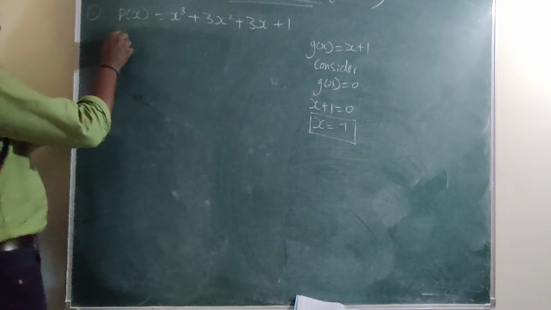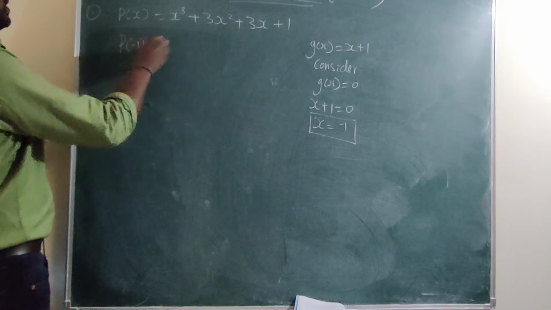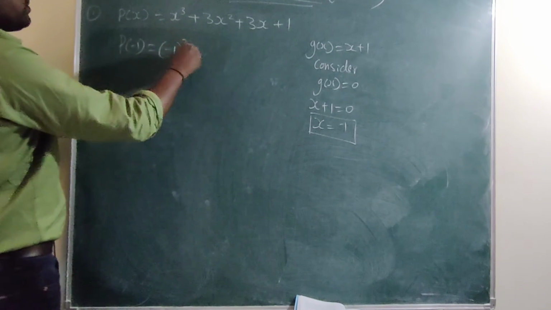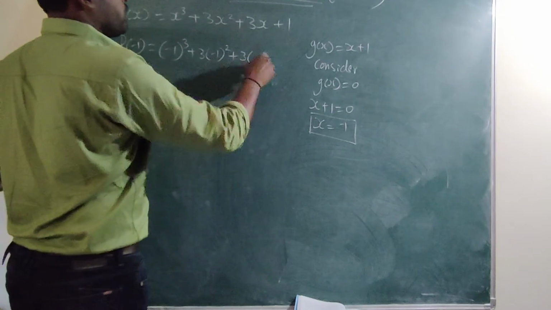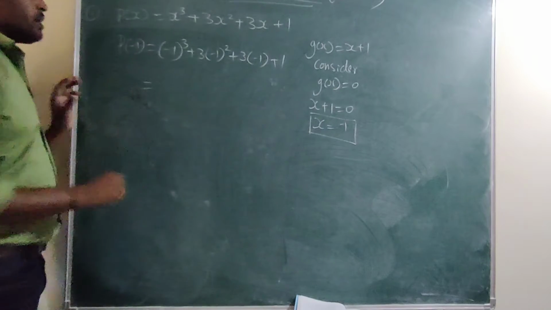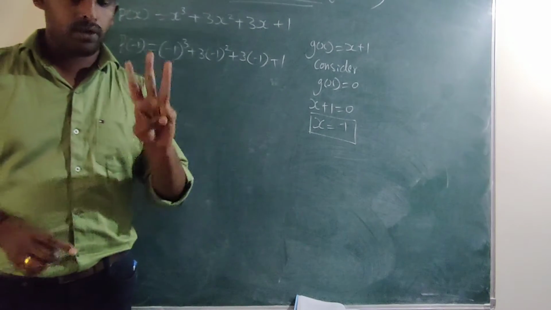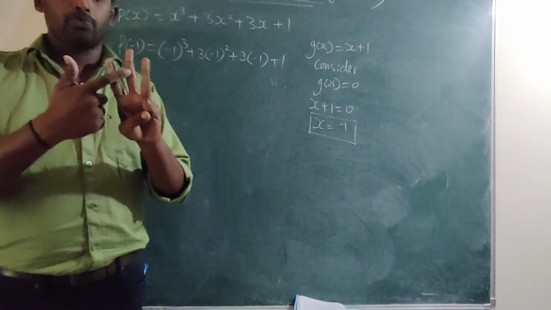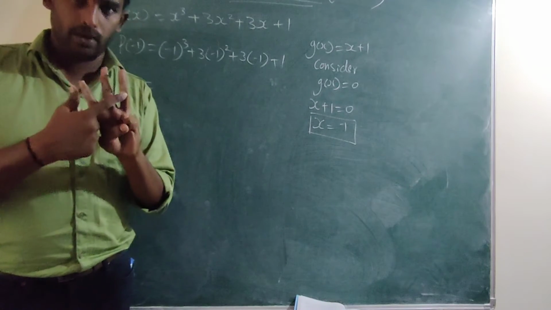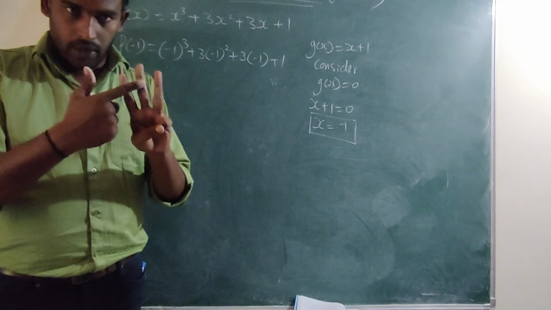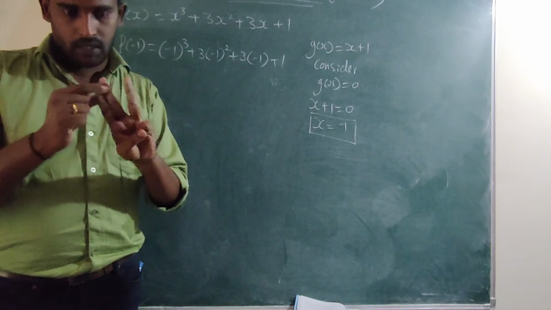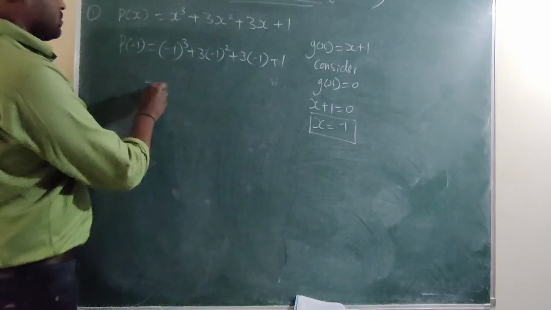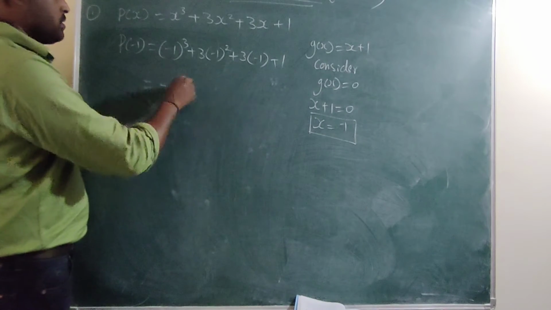You can substitute here P of minus 1: minus 1 cube, 3 into minus 1 square, 3 into minus 1, plus 1. Minus 1 cube is minus 1 into minus 1 into minus 1. 1 ones are 1, 1 ones are 1, minus into minus is plus, plus into minus, here minus 1.